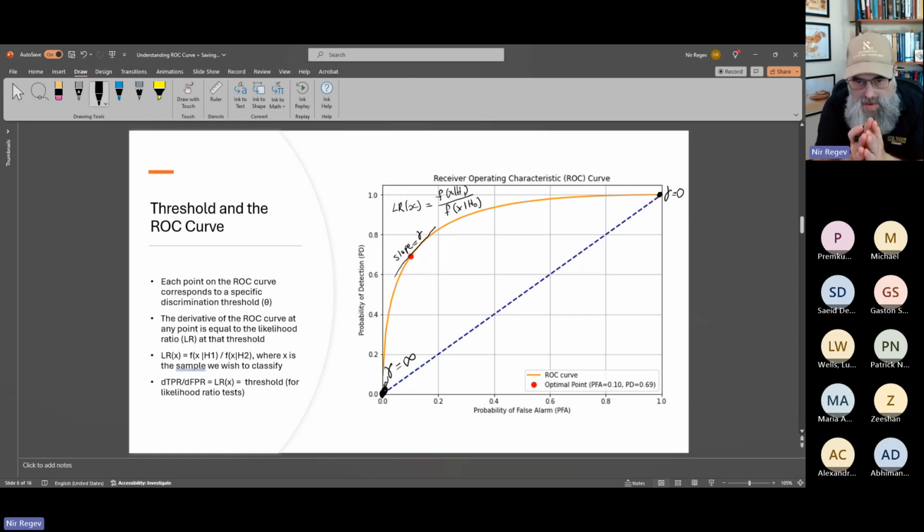This is true for what we call the likelihood ratio test, like I wrote here. The slope is a function of gamma always. So as gamma is changing from infinity to 0, the slope will change as well, from something very large to 0.